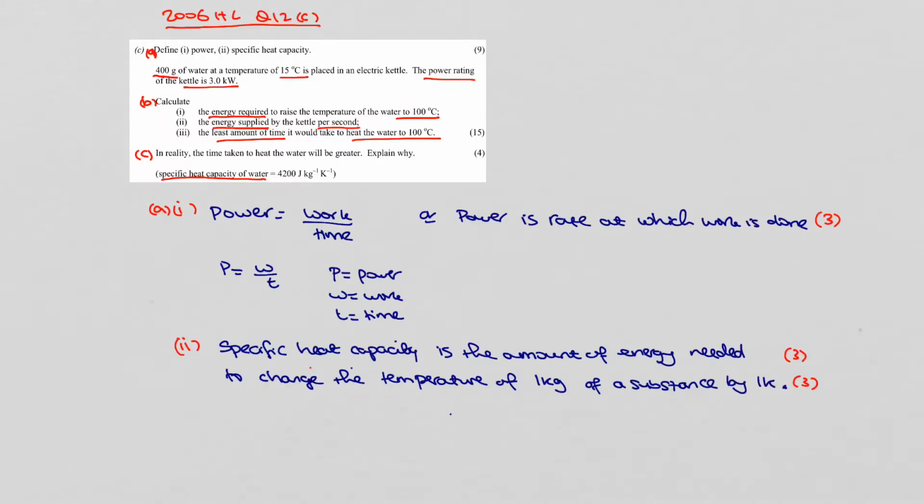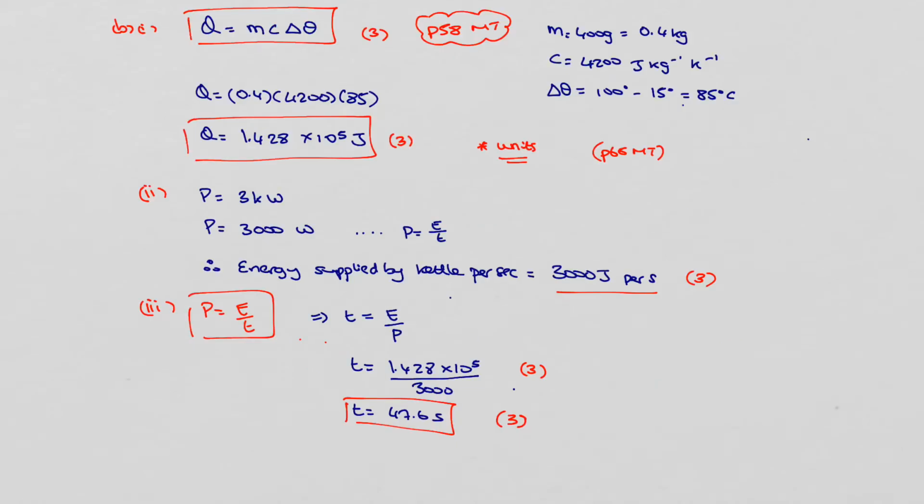So the last question then says, well, in reality, the time taken to heat the water will be greater. And why is this? Okay, so why would it actually take longer than 47.6 seconds? Well, in an ideal world, obviously all that energy would be transferred directly to the water, but that's not the case.